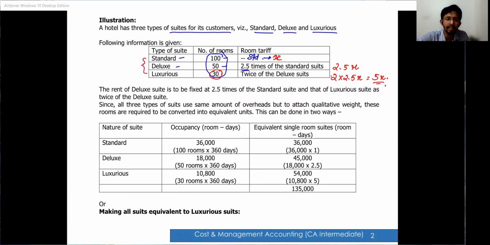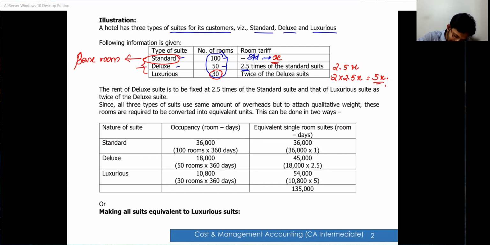Even though these 3 are different types, each can be converted into a standard suite room. What is the standard here? You have the standard suite. Standard suite can be taken as a unit or base, the base room or base type.